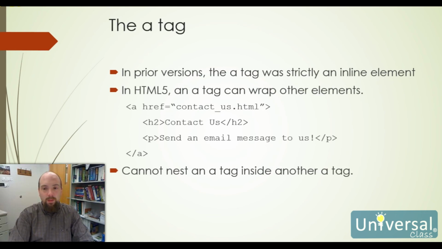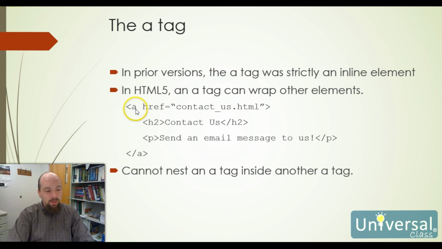The A tag, these are our anchors. One of the things that's different is in the older versions of HTML, an A tag was an inline element, which meant that I could only use my A tag around an image or a little bit of text or things that were side by side like that. In HTML5, the A tag can be a wrapper, it can be a container element.